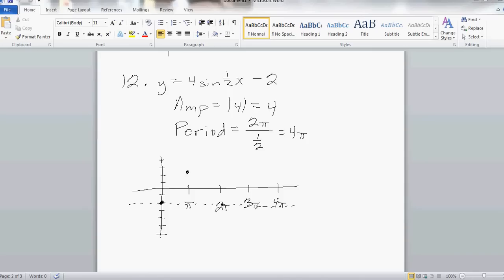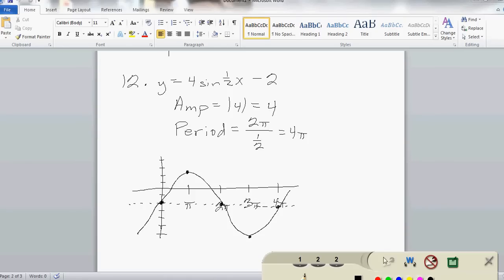At the second mark, the 0. Third mark, the negative boundary. And the fourth mark right there. And then just extending and making the nice sinusoidal curve yet again for the multiple whatever time. This is the graph that we get.